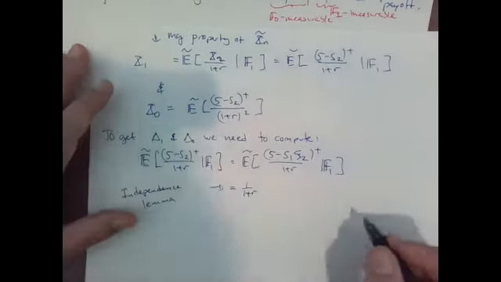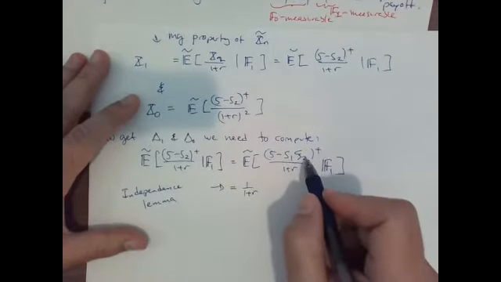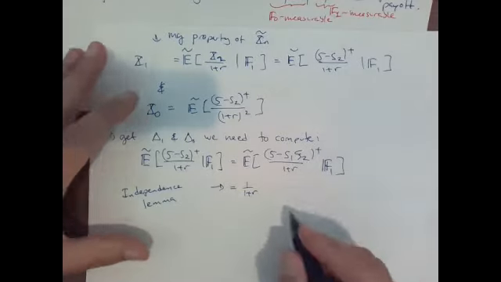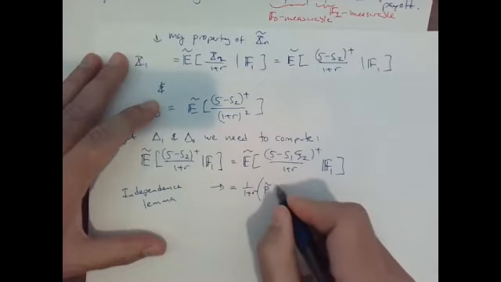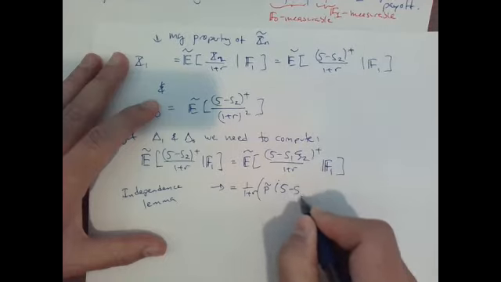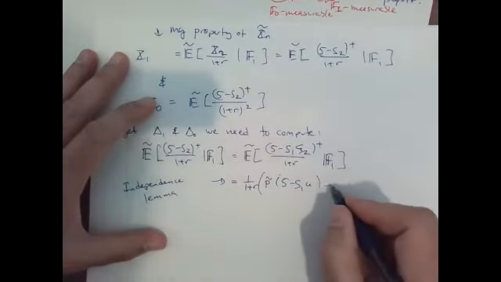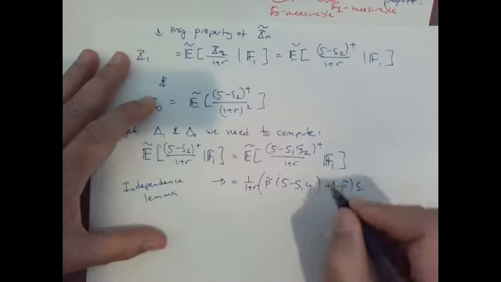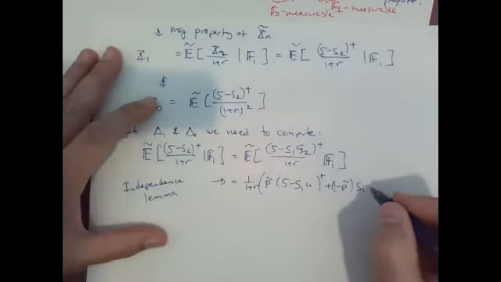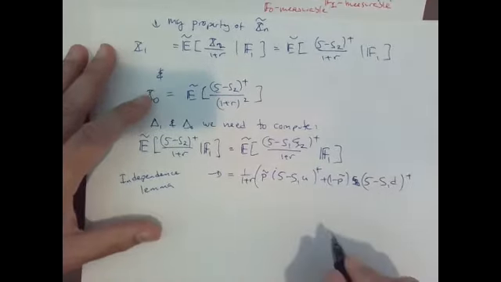And then psi 2 is either up or down, so I'll have a p tilde times (5 minus S1 up) positive part, plus 1 minus p tilde times (5 minus S1 down) positive part.